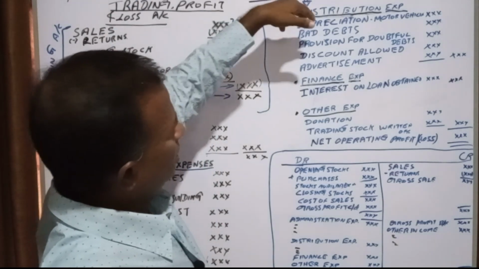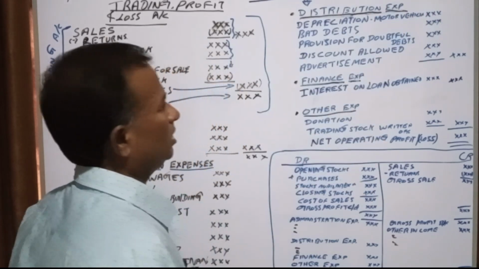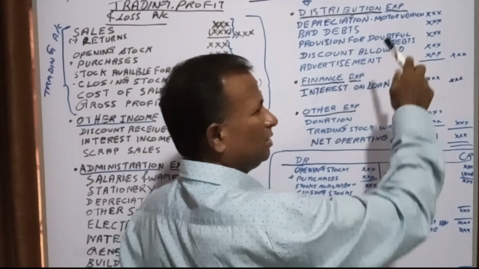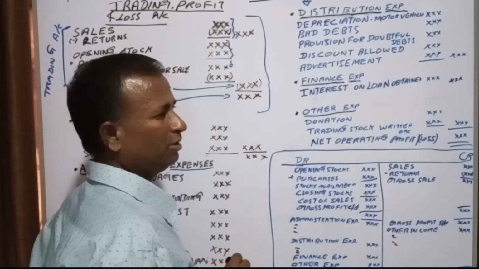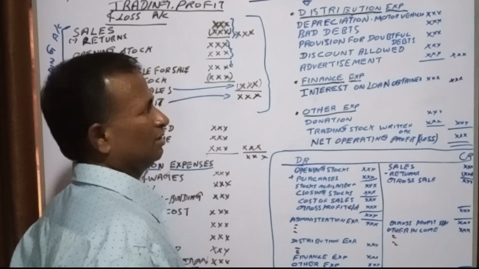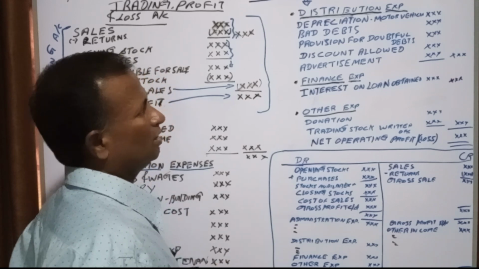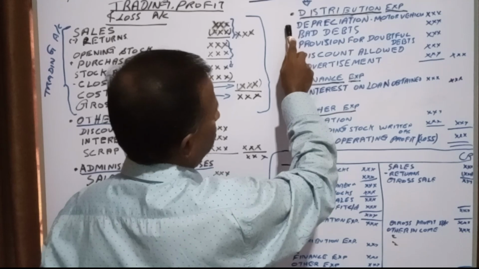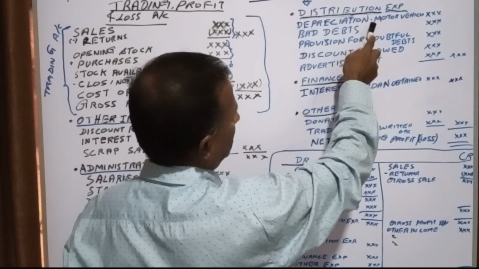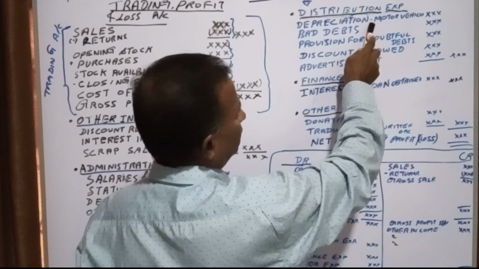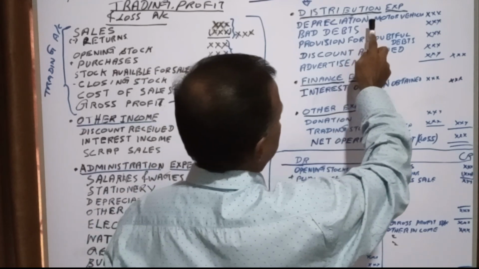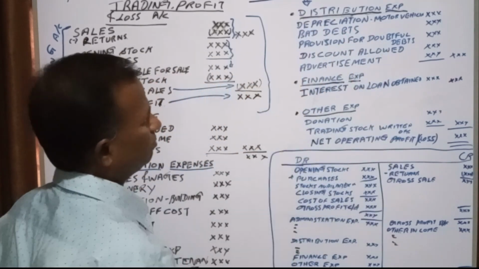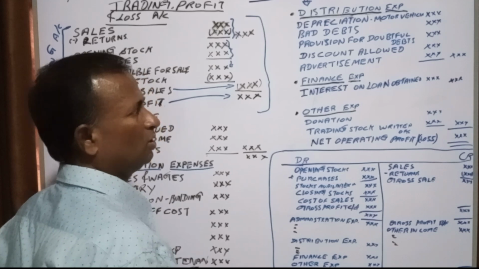Next one, we come to the distribution expenses. In the distribution expenses we take depreciation for motor vehicles, meaning the motor vehicles used for sales activities. If you don't know the meaning of depreciation, later on we can have a detailed lesson on depreciation, bad debts, provision for doubtful debts, those matters.